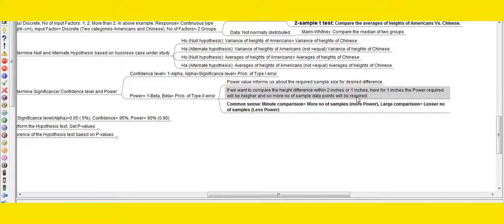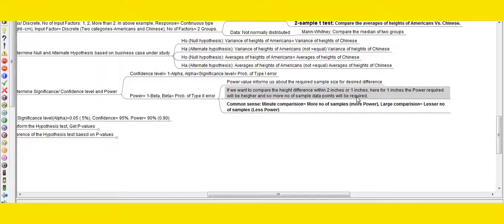If we go further, suppose in an extreme case the Chinese men are 4 feet in height, that means 48 inches, and American men are 72 inches, which means 6 feet. So with 4 feet and 6 feet, we will say forget about sample data, forget about hypothesis, we don't need any testing.